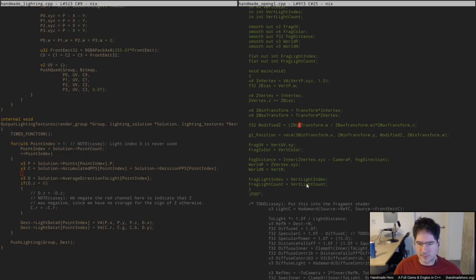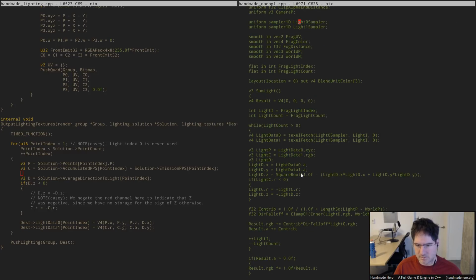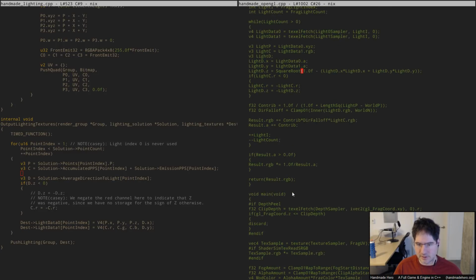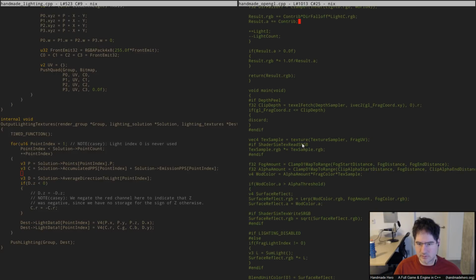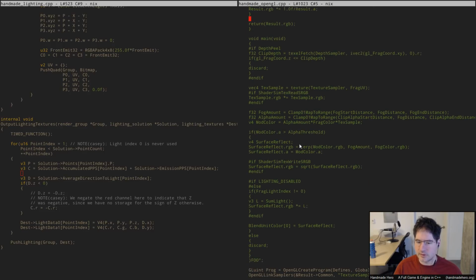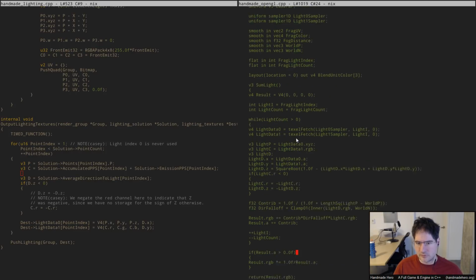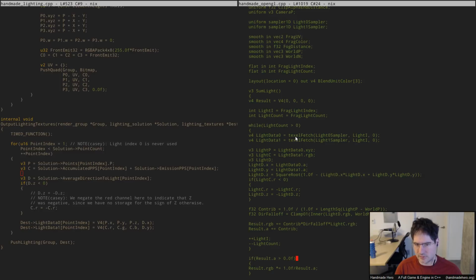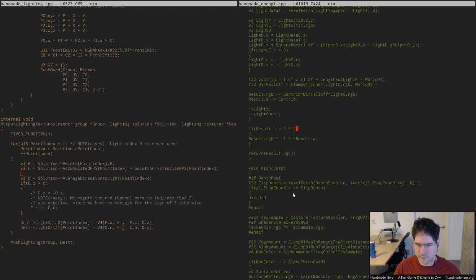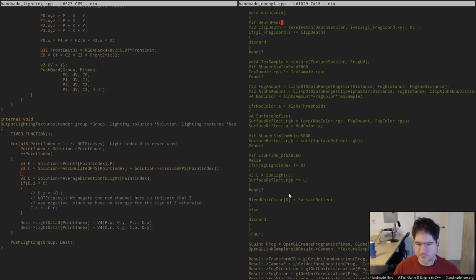So here in the ZBias program, I would expect to see the light values getting clamped. No, so they don't get clamped. So they probably should get clamped in the shader rather than not.